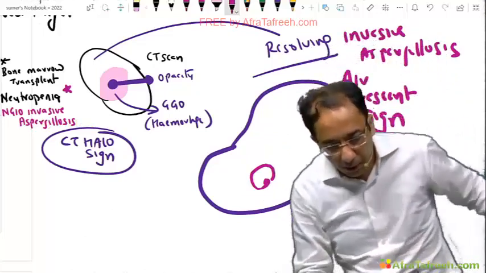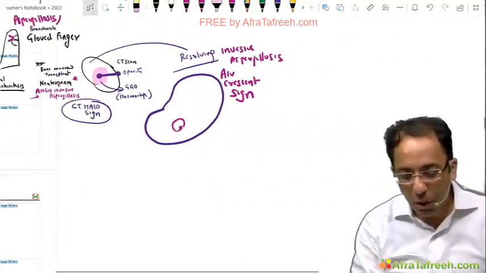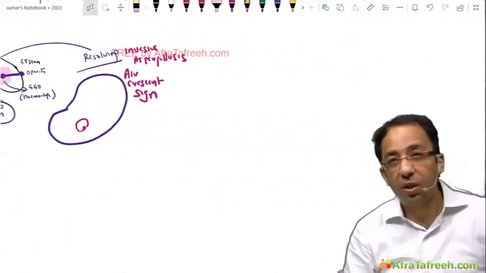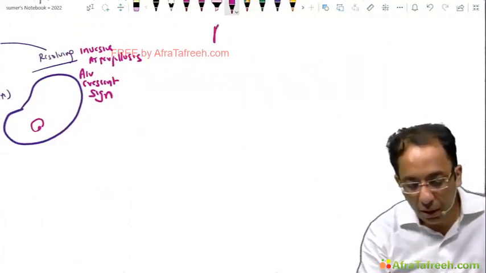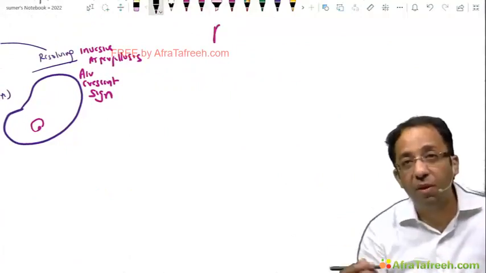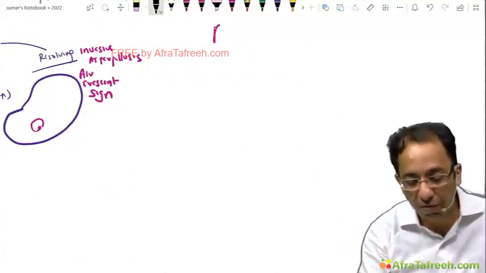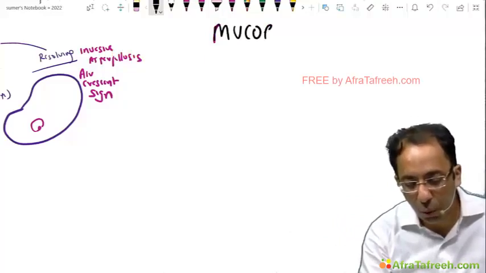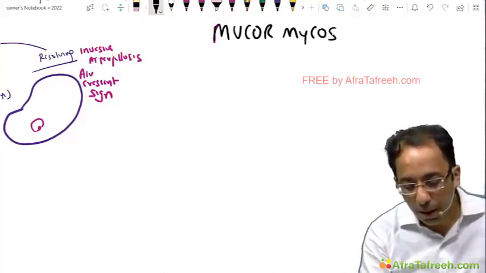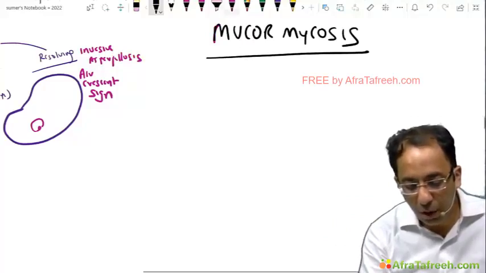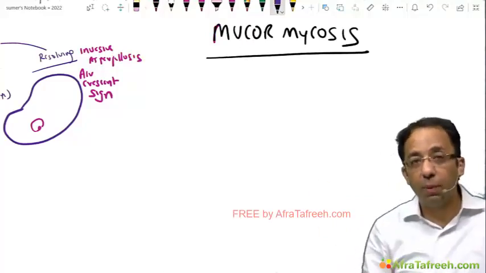Okay, everybody clear? Now, just to ask you here, any other fungal infection you know that can affect the lung? There is something which became very famous. One infection that became very famous during COVID was mucormycosis. Now, mucormycosis we had never heard of so much before the COVID pandemic.